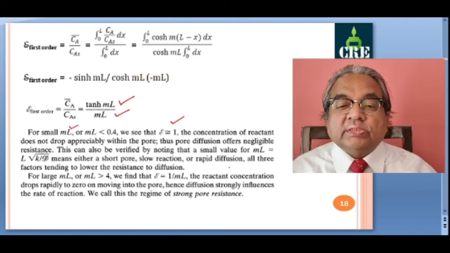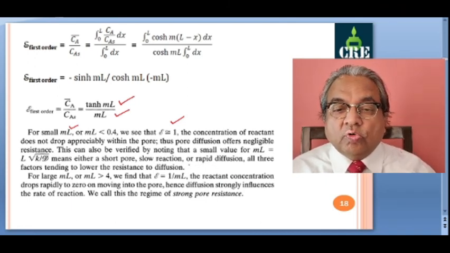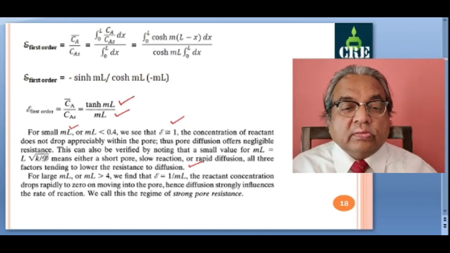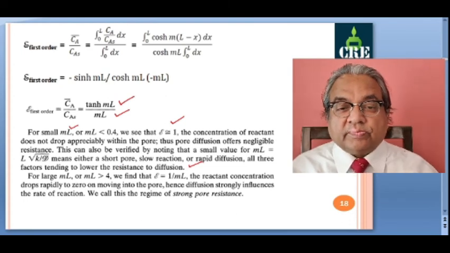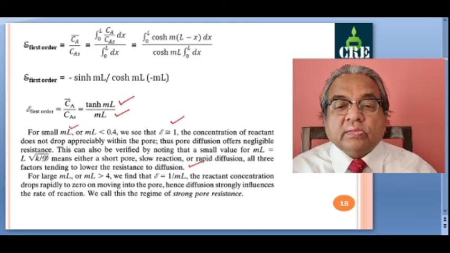So any of these or a combination of these parameters will keep this value low, and these factors will push the conditions toward low resistance. So for small mL, this efficiency is approximately equal to 1, that means 100%.